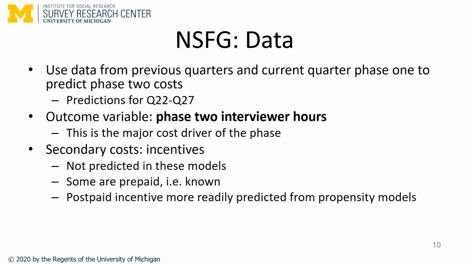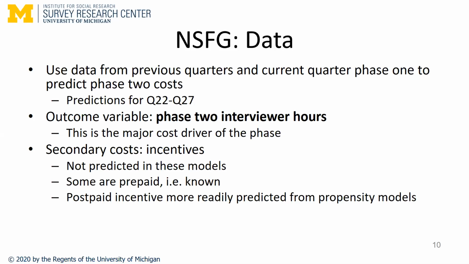Now, we use data from the previous quarters, so we're going to use data essentially from quarter 1 through quarter 27, but we're always using the data that would have existed before we wanted the predictions for phase 2 in a quarter. Okay, so we use data from the previous quarters and the current quarter phase 1 to predict the phase 2 costs of the current quarter, where the current quarter could be 22, 23, 24, 25, 26, or 27.